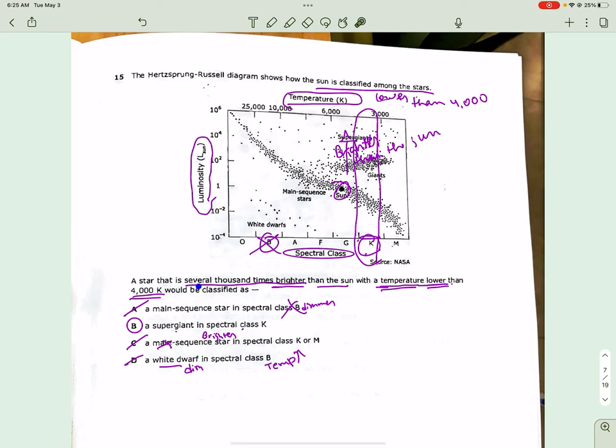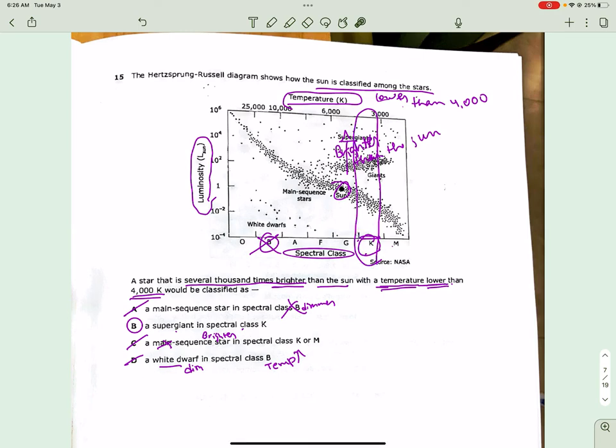So then a star that is several thousand times brighter than the sun with a temperature lower than 4,000 K would be classified as, so then right here we have a main sequence star in spectral class B. And actually we circled right here the range where it's about 4,000 degrees Kelvin.